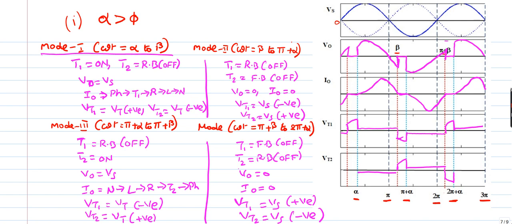And then negative Vt. So before that it is negative Vs. And this is positive Vt. So these are the various waveforms for output voltage, output current, and thyristor voltages for discontinuous current.